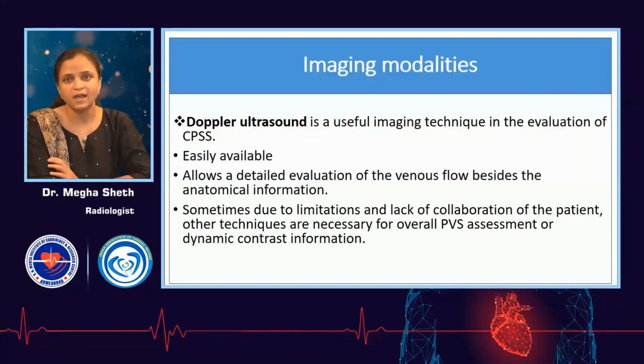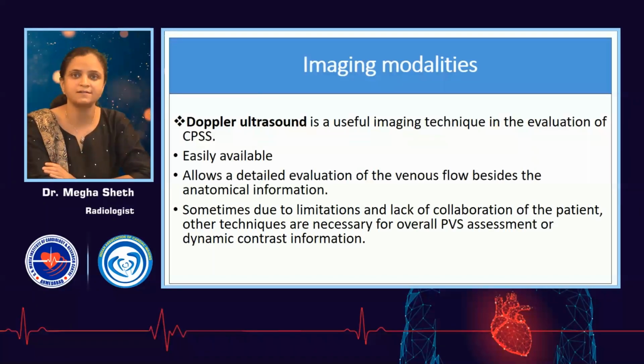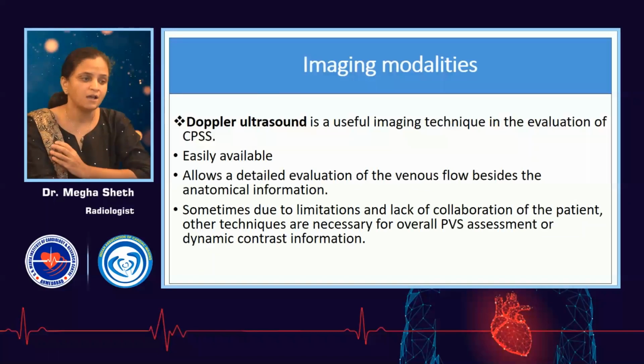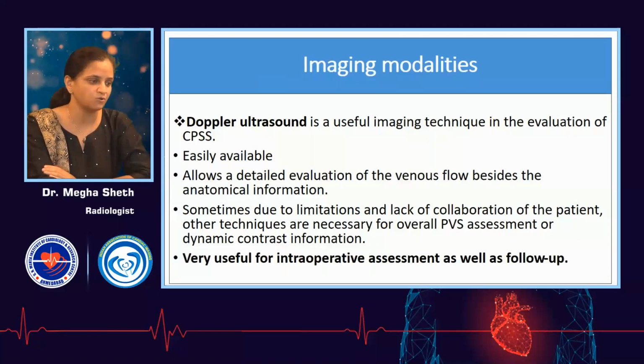But sometimes due to lack of proper evaluation of the entire system, it needs to be supplemented by CT or MR or any other cross-sectional imaging prior to closure by either device closure or surgical closure.